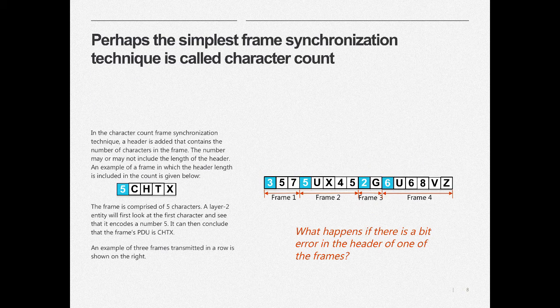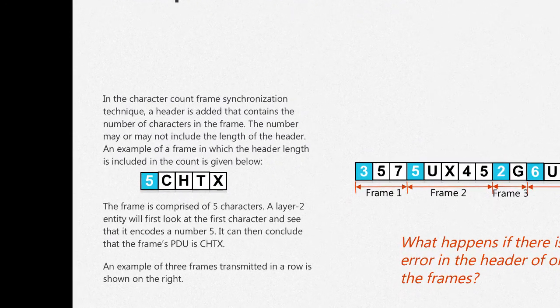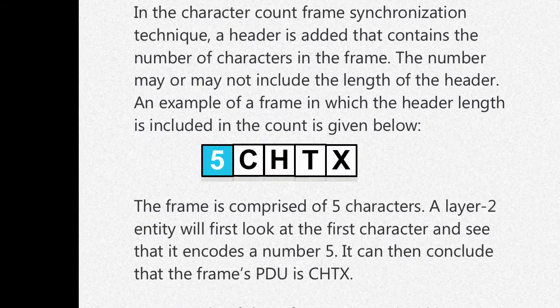This is perhaps the simplest frame synchronization technique. What is done here, and you see two figures, one on the left and one on the right of this slide, the left one being just an example. It shows in blue the header that has been added by the data link layer.